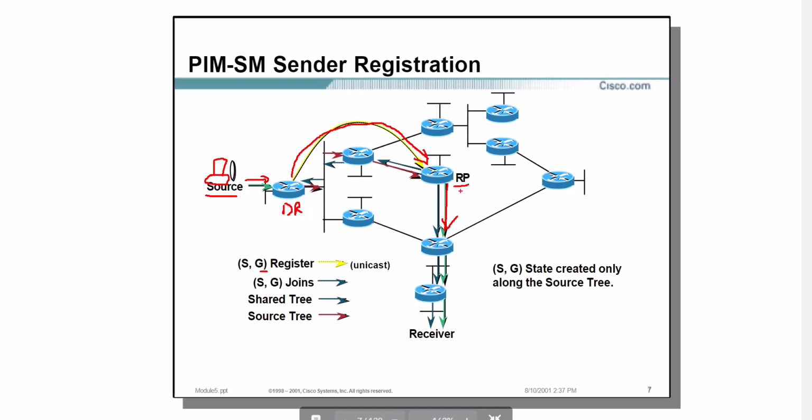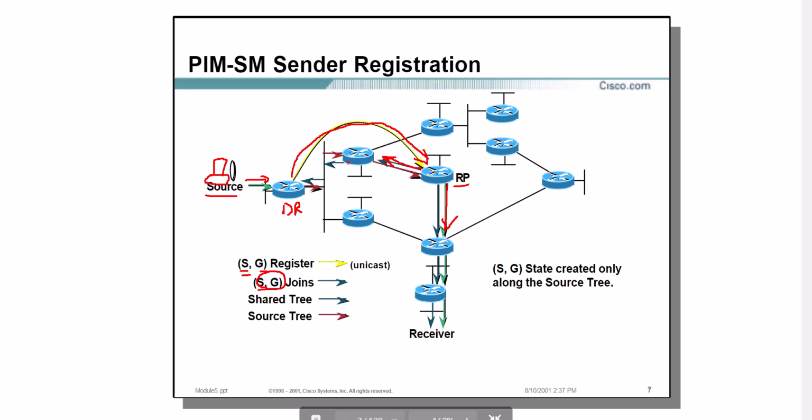And another thing it does, it understands, "Hey, I do not yet have a proper way of receiving this group G traffic." And it will take a look at the new source, and it will start sending the PIM join messages for this group and for this source. And of course, because it knows the source address, it can understand which direction the source is in based on its own unicast routing table, and sends these join messages over here.